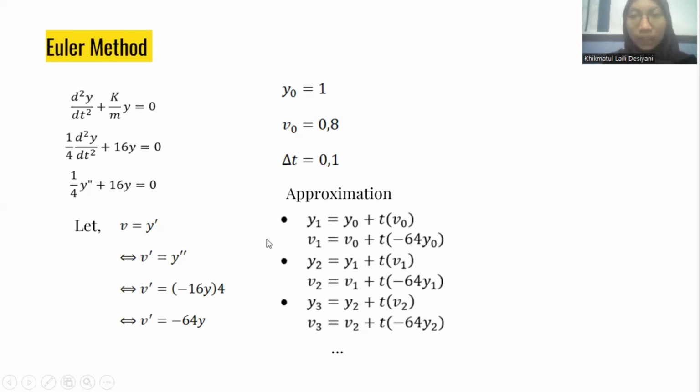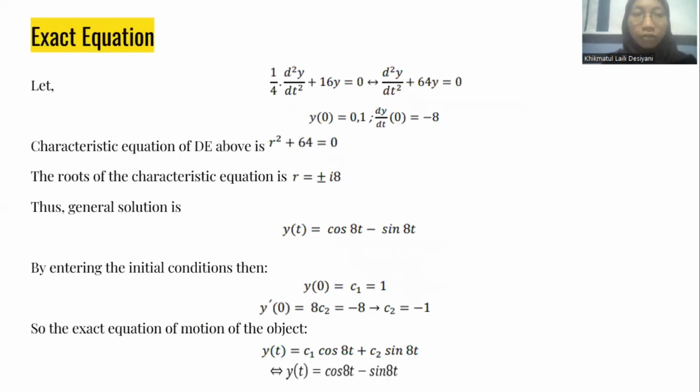We can iterate using this formula, in this case from y1 up to y5. And then for the exact equation, we obtain the final equation, that is y(t) equals cos 8t minus sin 8t.